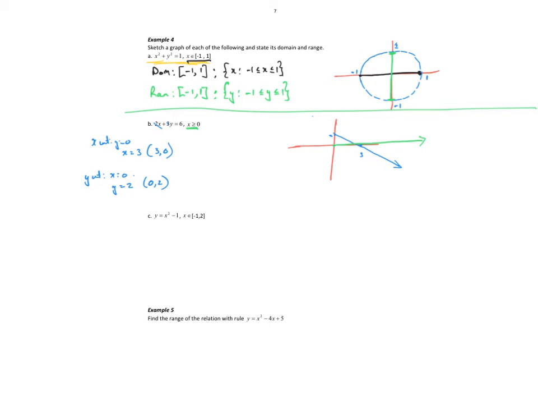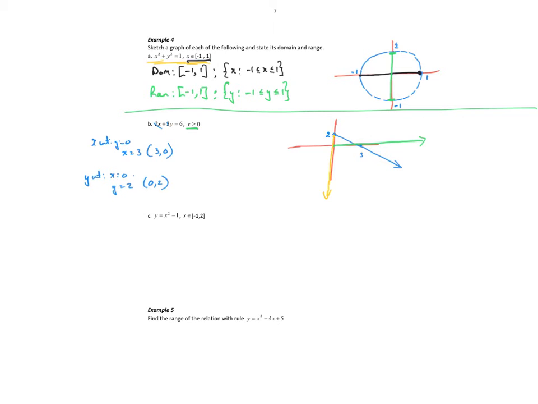So let's just stop my graph there. I'll write that 2 back in again. That green axis is just showing me where my domain is. And so my range are those values from there down to there.